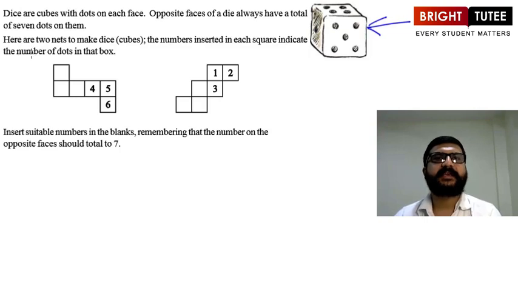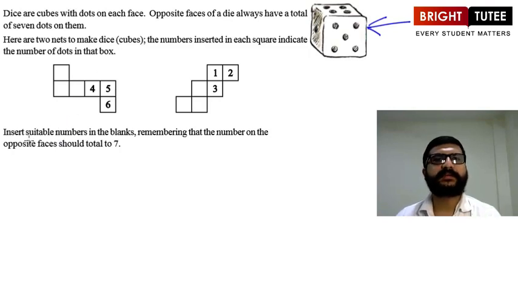Now the question here is, here are 2 nets to make dice or cubes. The numbers inserted in each square indicate the number of dots in that box. So if in a box there is written 6, it means there are 6 dots on this face.